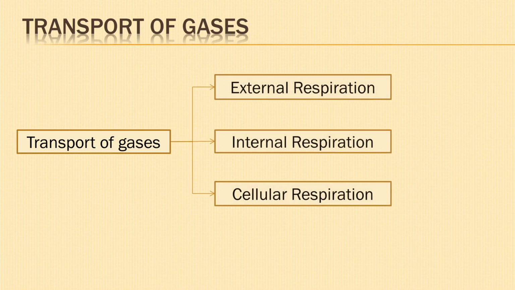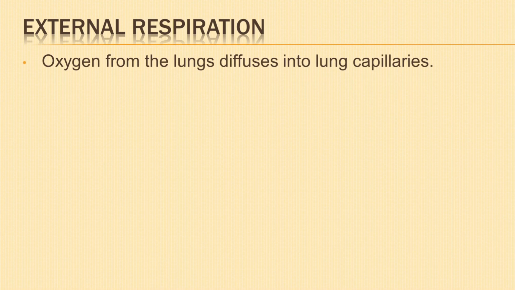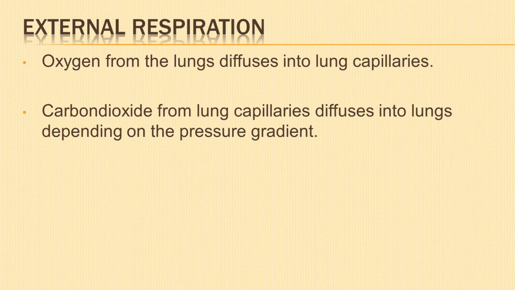Transport of gases can be studied under the following headings: external respiration, internal respiration, and cellular respiration. External respiration: oxygen from the lungs diffuses into the lung capillaries, and carbon dioxide from the lung capillaries diffuses into lungs depending on the pressure gradient.